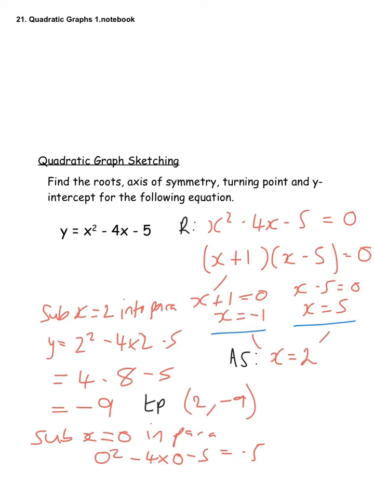Alright, so our y-intercept is going to be the point 0, minus 5. Okay, so that's our 4 pieces of information. We've got our roots, we've got our axis of symmetry at x equals 2, we've got our turning point at 2, minus 9, and we have our y-intercept at 0, negative 5.